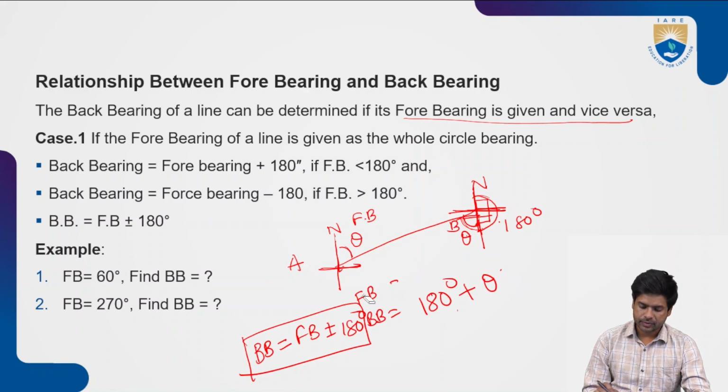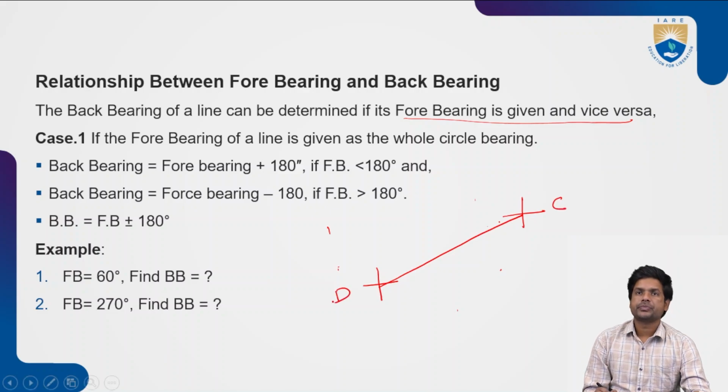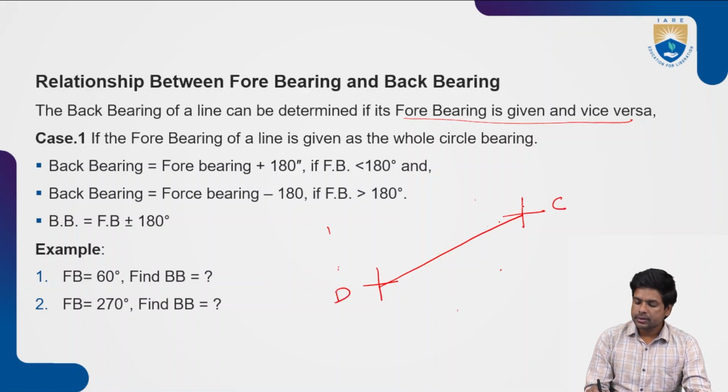And next, suppose you have another line, that is CD, for example. This is C and this is D. So now here the fore bearing of this particular line, I am coming in a reverse way, so this is the fore bearing of the line, that is theta. And coming to the back bearing of this DC line, this will be your back bearing, that is theta.